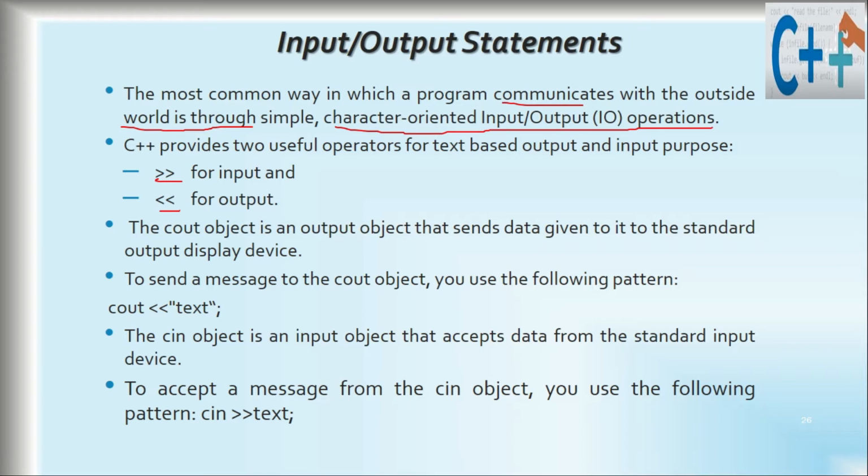The cout object is an output object that sends data given to it to the standard output display device, any device that the system displays for the user. To send a message to the cout object, you use the following pattern: cout, this insertion operator, under quotation marks write any text that you want to display on the console, and the statement should be terminated with a semicolon, like this.